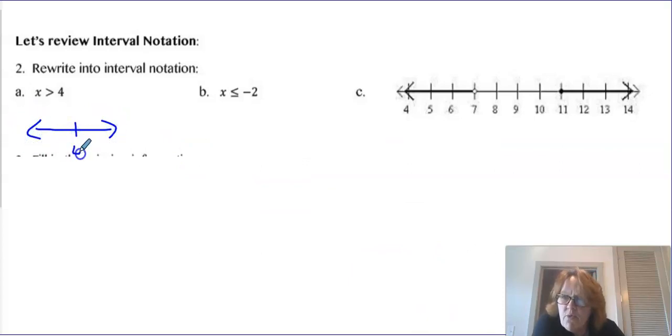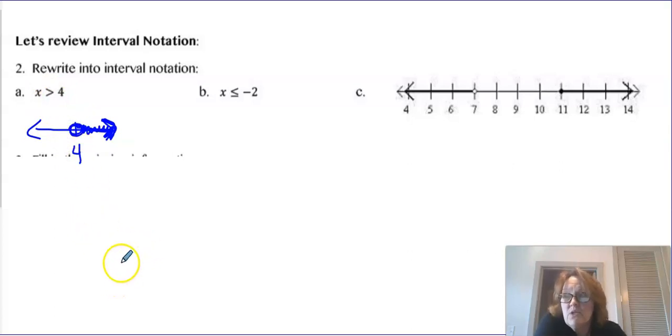And if this is my 4 right here, well, the part that is greater than 4 is from 4 to the right. Color this in or whatever. But 4 is not included because unless it has this equals to on the bottom, the 4 is not included. So that's why I did that open circle there at the 4.